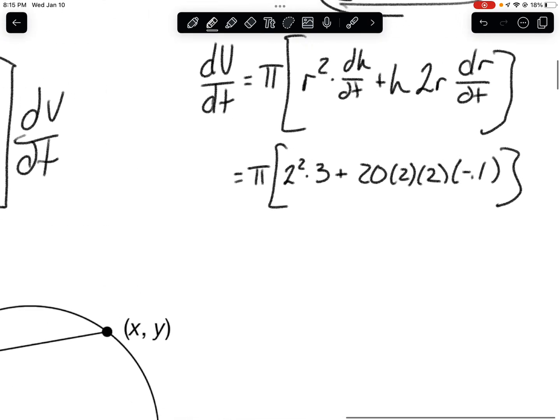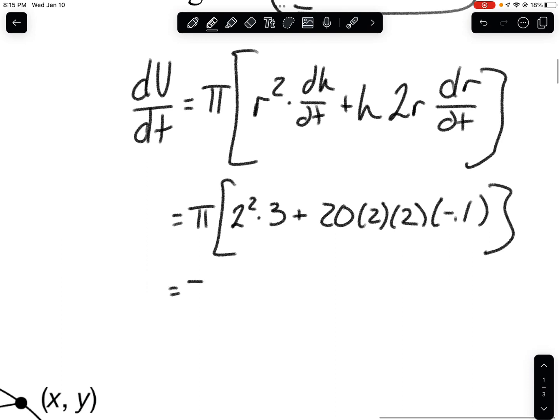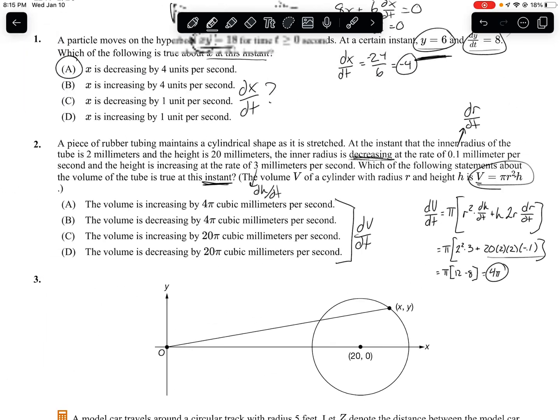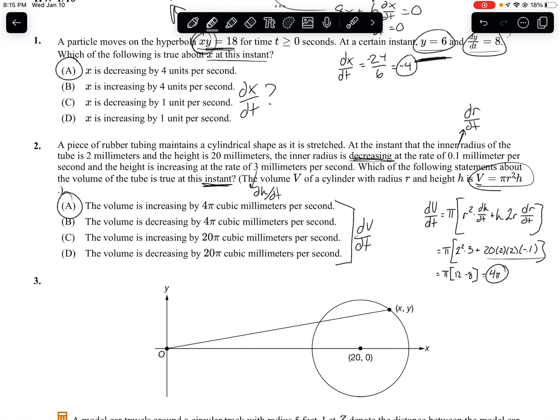Doing all this math out, I'm going to get pi times 12, and then this all multiplied is going to get me negative 8. So I'm going to get 4 pi. So I'm increasing, because it's positive, by 4 pi cubic millimeters per second.